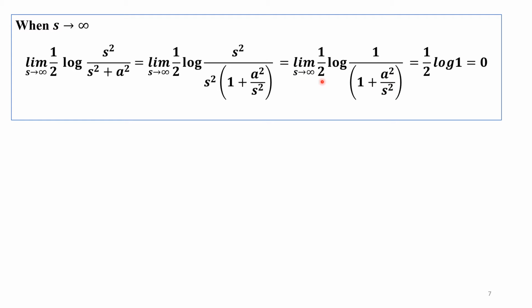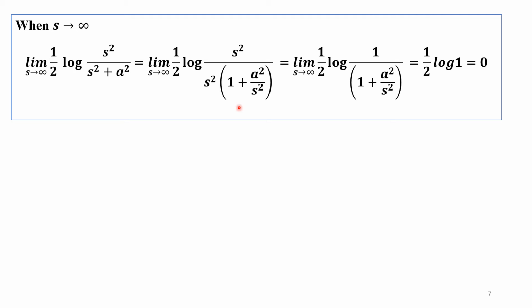Now when s tends to infinity, a square by infinity, something upon infinity, is 0. So we will get half log 1 upon 1 plus 0, which is half log 1, but log 1 is again equal to 0. So when we apply the limit s as infinity, the whole term becomes 0. So how does it become 0?